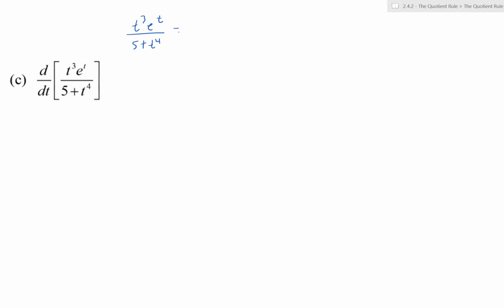So first we can kind of think of this as some function f of t over the function, say, g of t here, where f of t is t cubed e to the t, and g of t is 5 plus t to the fourth. Notice that g of t is never 0 here for all values of t, so we don't have to worry about that.